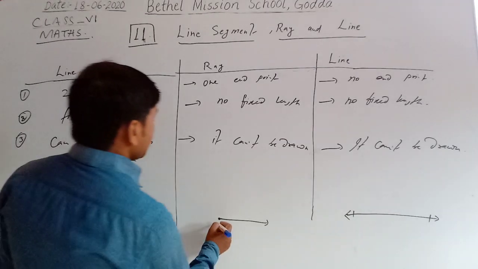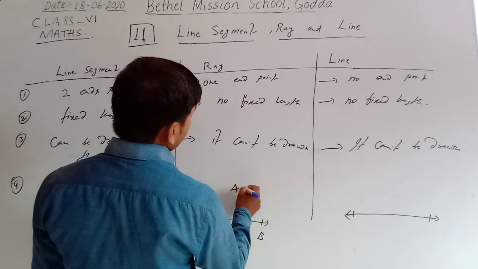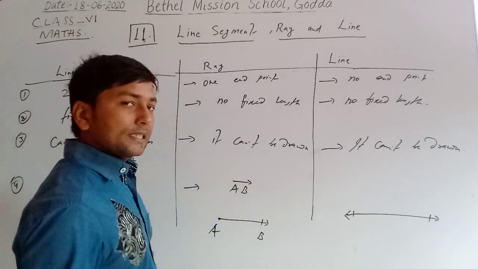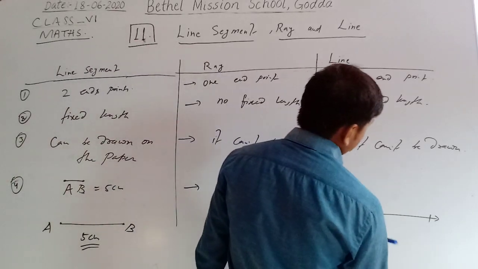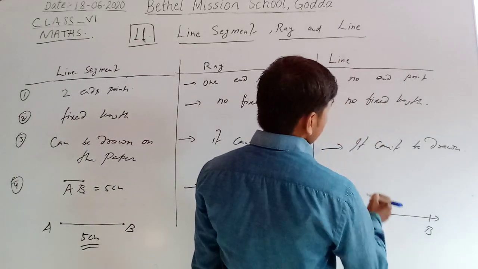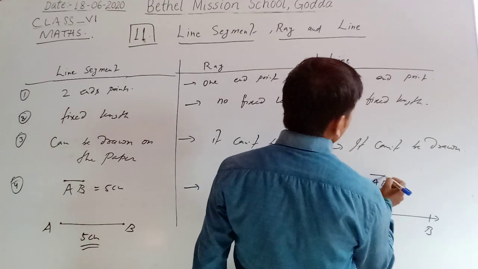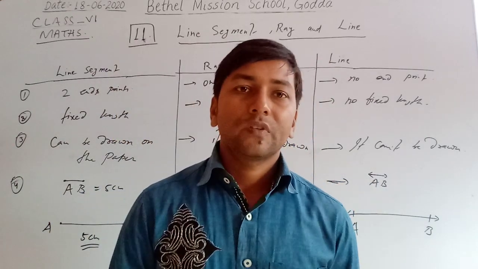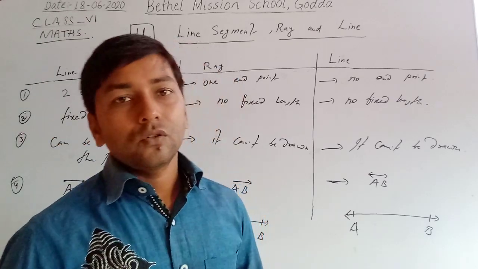And suppose that this is A and this is B, then we indicate ray AB as a symbol like this. This is ray AB, and this is line. So we can indicate AB, and the upside you can give the two-sided arrow. Okay, this distinction you will write on your copy.